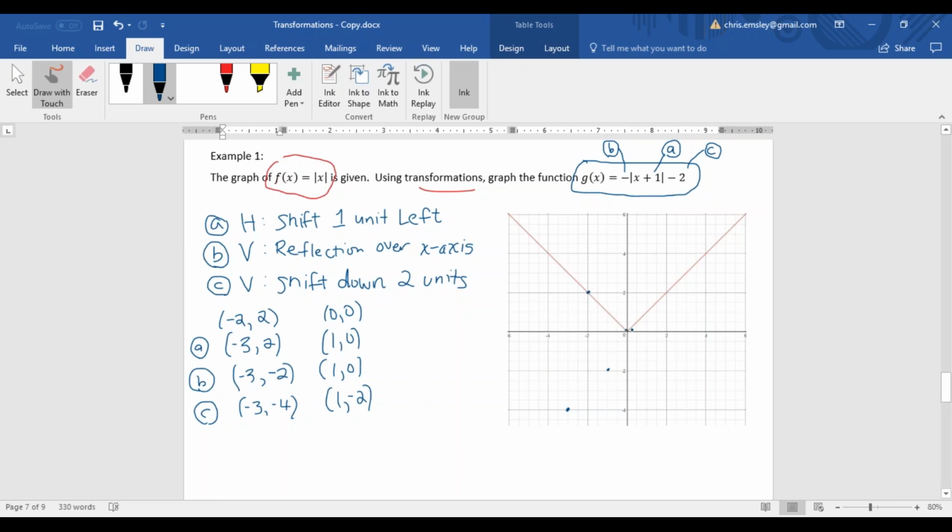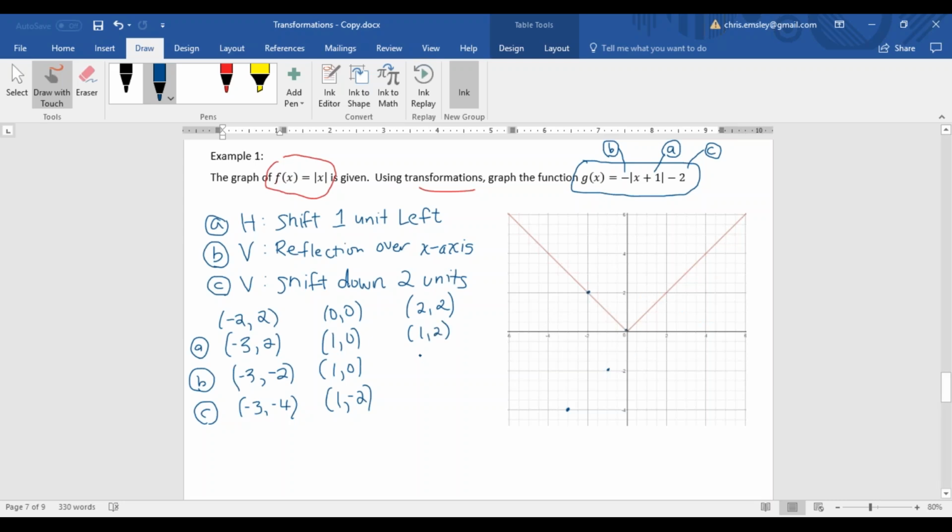So I picked a point on this sort of side of the graph. I picked the vertex, and then maybe pick one more point on the other side of the graph just so I can make sure I haven't made any mistakes. I'm going to use +2, +2, and transform that. Step 1, shift it 1 unit to the left. Step 2, reflect it.